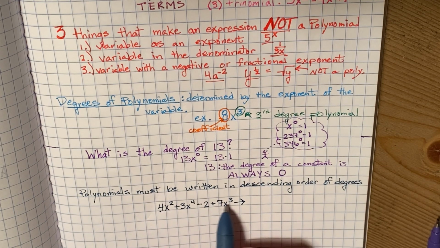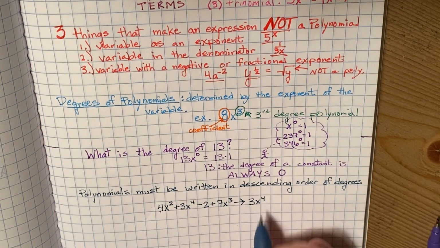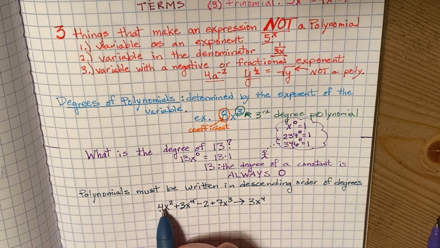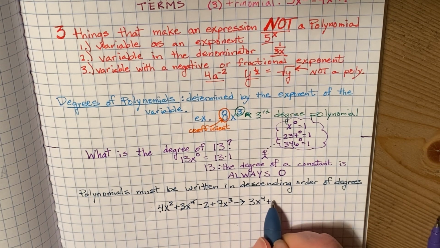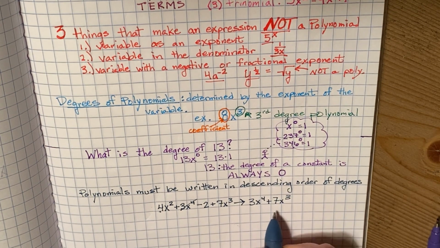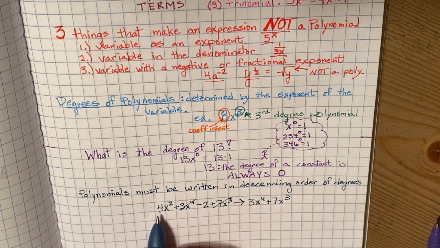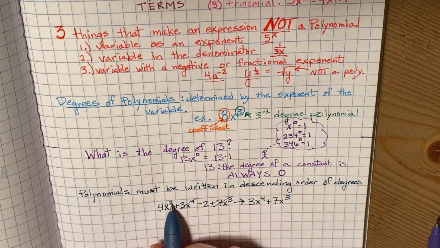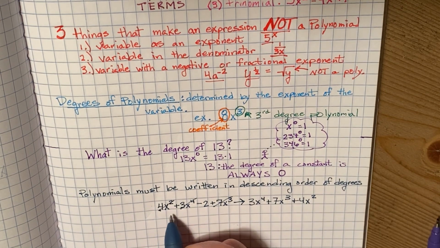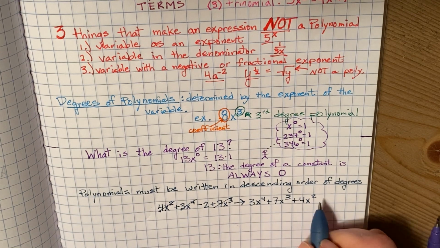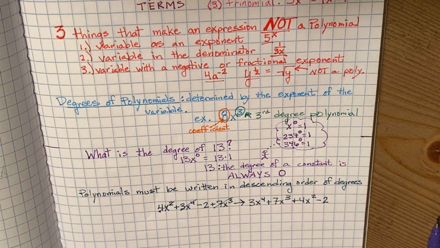So the highest degree is going to be 3x to the fourth. What's next? We got an x squared, x to the 0, x cubed, that's next, plus 7x cubed, right? Or 7x to the third. Got that. What's next? 4, 3, 2. So plus 4x squared. 1. We don't have a 1. That's okay. There's a hole, and that's okay. The last term is a constant, and that's our minus 2.